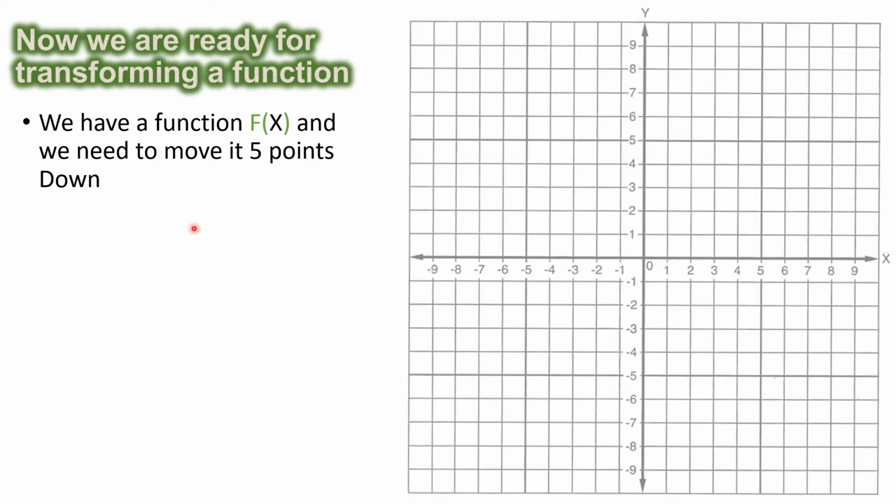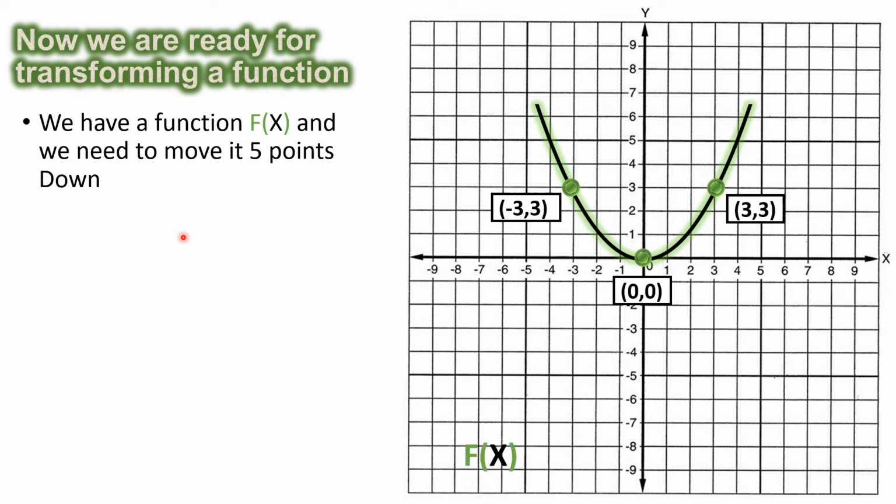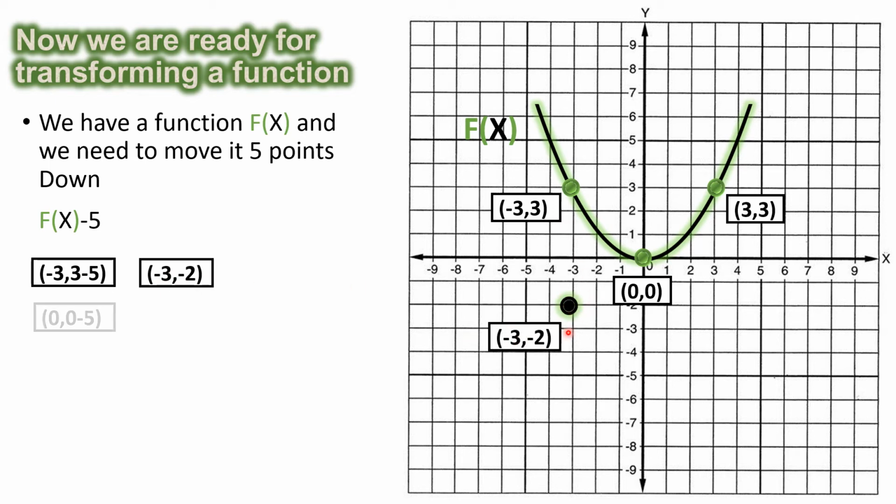We have a function f of x, and we need to move it 5 points down. Well, what to do? We subtract 5 from f of x. So for the first point, negative 3 and 3, we subtract 5 from the y, we have negative 3 and negative 2. The new point will be here. And we have this point 0 and 0.